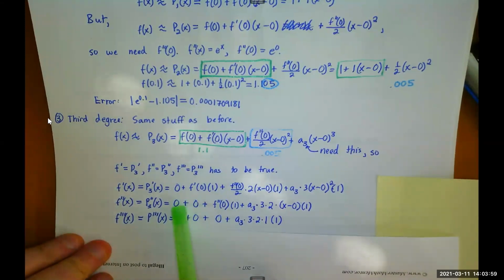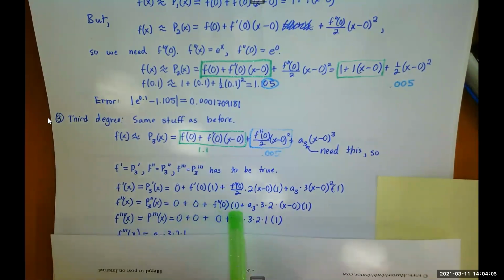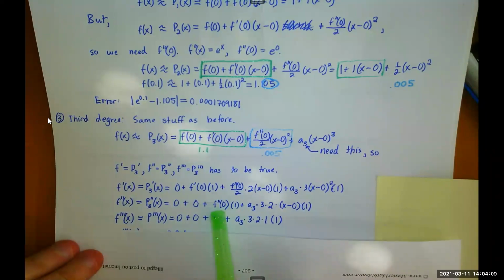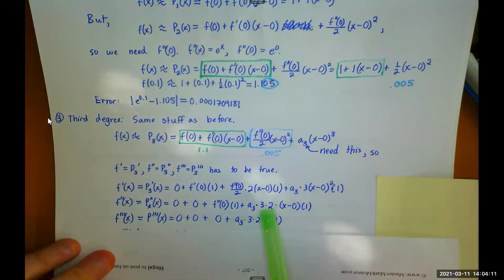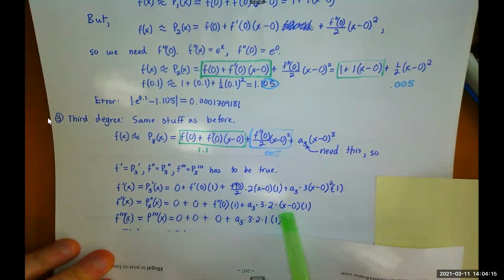The derivative of 0 is again 0. The derivative of 0 is again 0. The derivative of f double prime of 0 times 1 is the derivative of f double prime of 0. Since f double prime of 0 is a constant, it is 0. So we have a sub 3 times 2 times the derivative of x minus 0, which is 1.